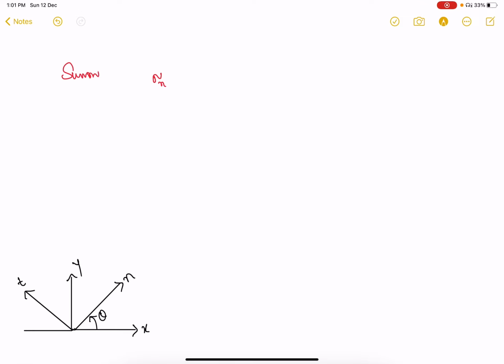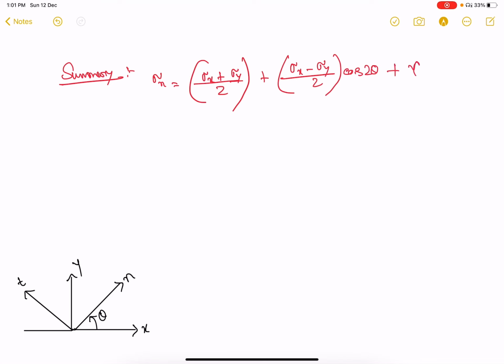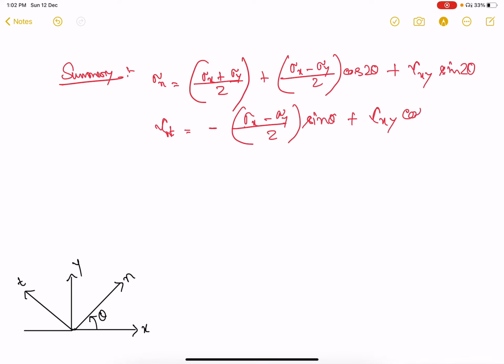So now, summary. Sigma n is equal to sigma x plus sigma y divided by 2 plus sigma x minus sigma y divided by 2 cos twice theta plus tau xy sin twice theta, and tau nt is equal to minus sigma x minus sigma y divided by 2 sin twice theta plus tau xy cos twice theta.